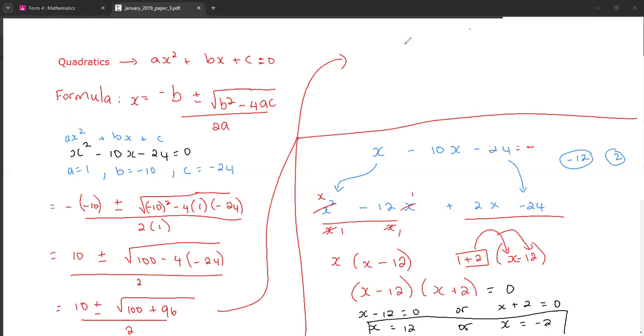So x is equal to 10 plus or minus the square root of 100 plus 96 is 196 all over 2. So we find the square root of 196 first. That's 14. So we'll end up with x is equal to 10 plus or minus 14 all divided by 2.